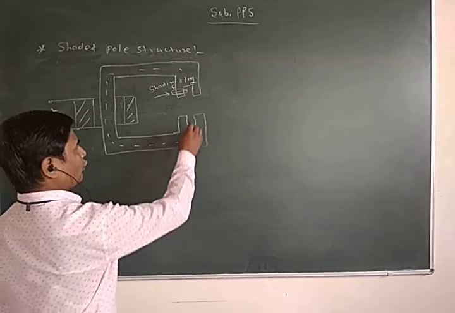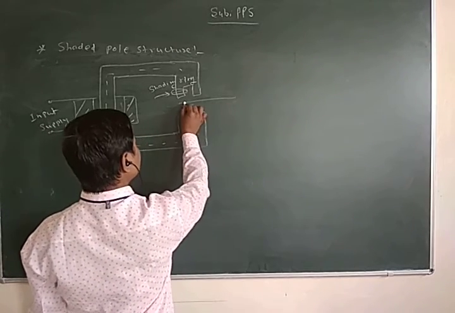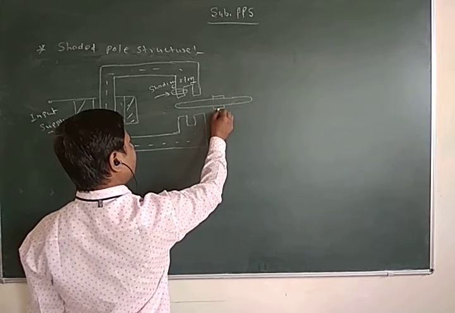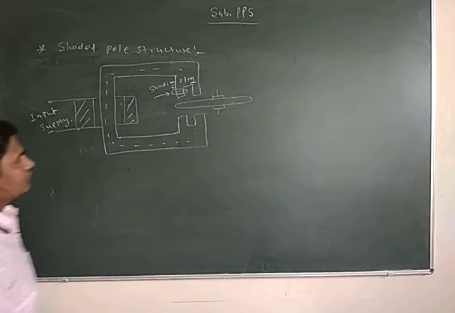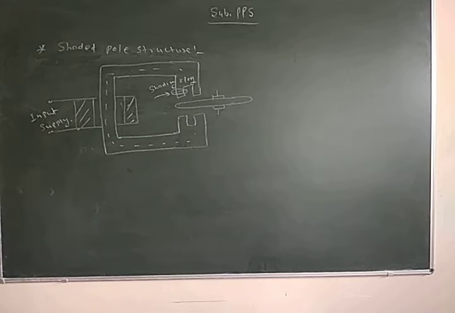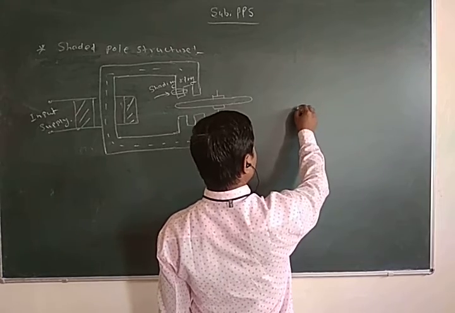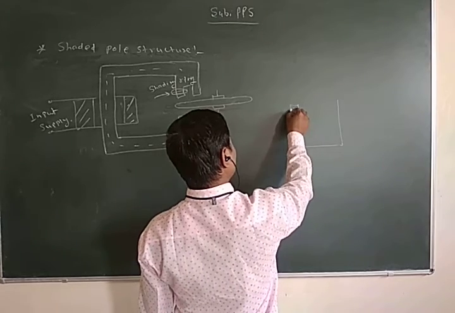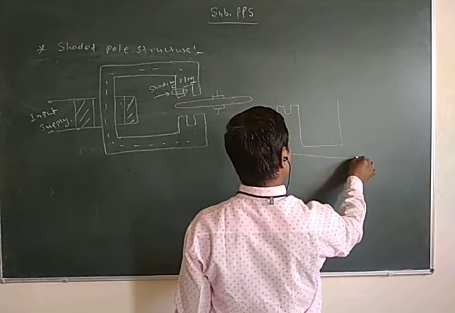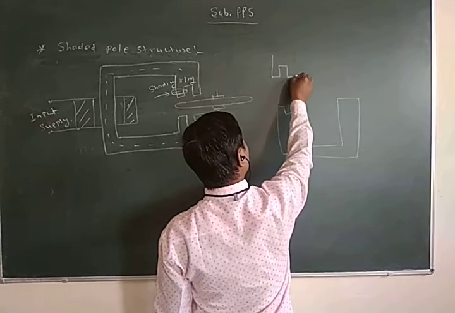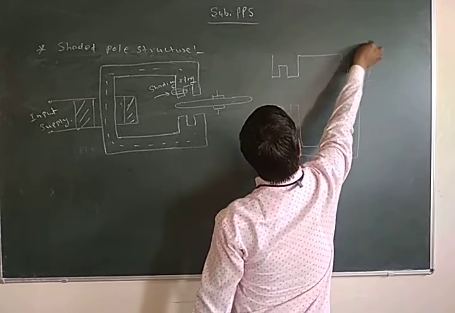And a rotating aluminum disc is inserted in the air gap. Here we insert an aluminum disc to rotate freely. So this is the aluminum disc, or in a simple circuit we can draw that if this is the core, we insert a disc between these cores.